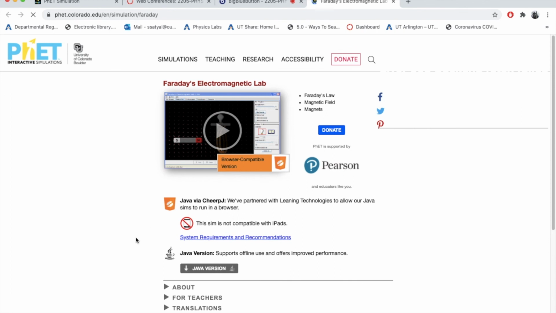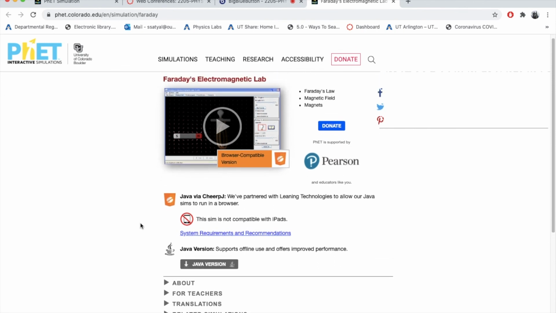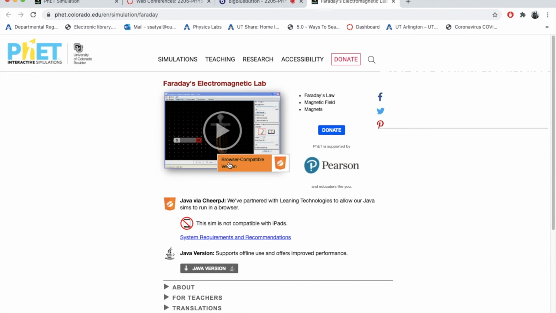and when you get to this page, there are two ways you can do this lab. You can download this lab here, but it will need Java installed on your laptop, and that process may get a little complicated depending on the software you have. Instead, you can run this gRPJ virtual environment for Java. Here it gives a link itself, a browser compatible version here.